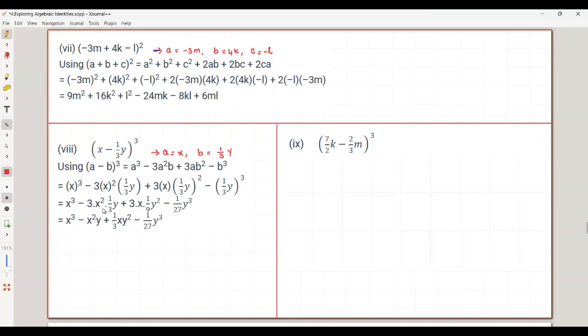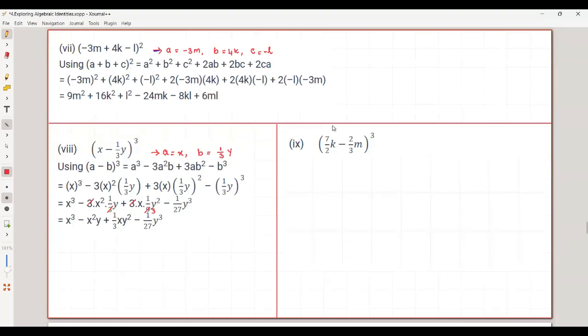Here the 3 and 3 get cancelled, giving minus x square y. Here we can cancel: 1 threes are 3, 3 threes are 9, so we get 1 by 3 x y square. Here we cannot cancel anything, so 1 by 27 y cube. Further we cannot simplify, so this is the final answer.